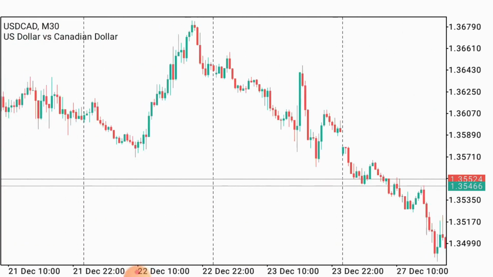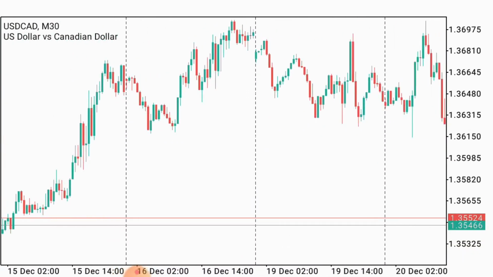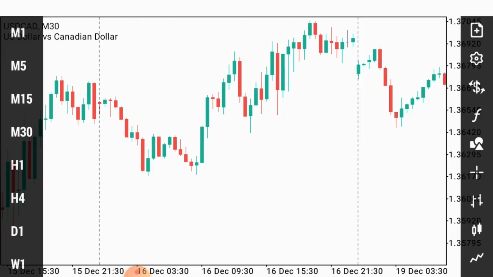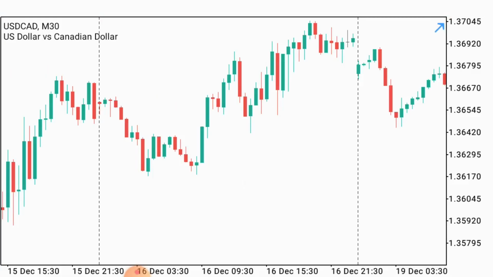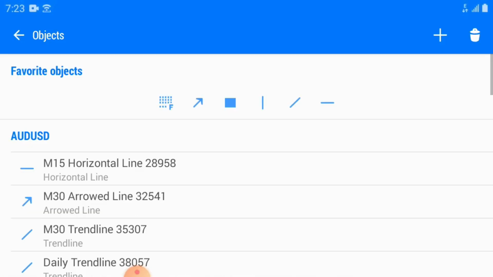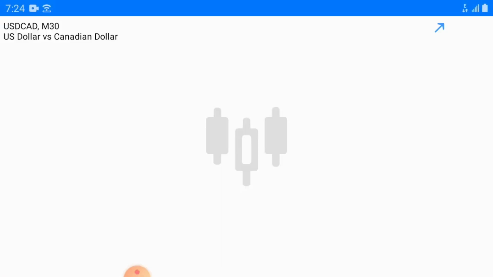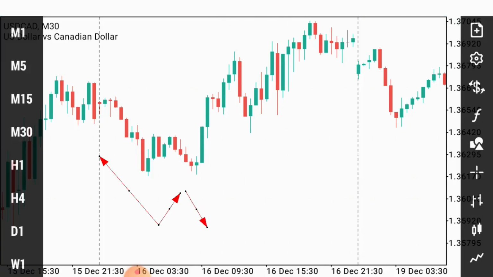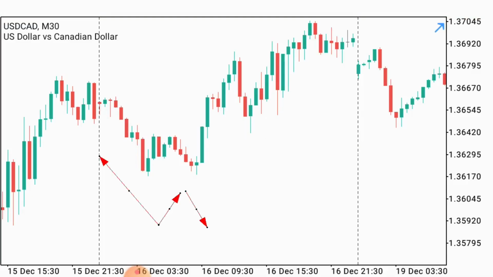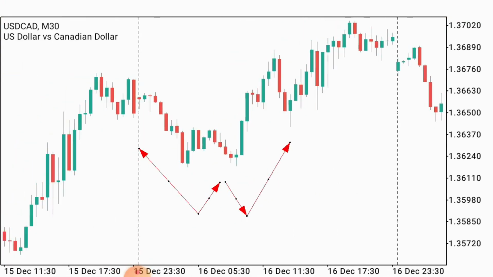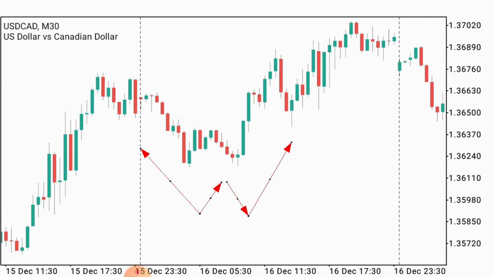Now I'll be giving you a good example. Now this is a good example. As you can see, this is a W pattern. The legs come from this side.